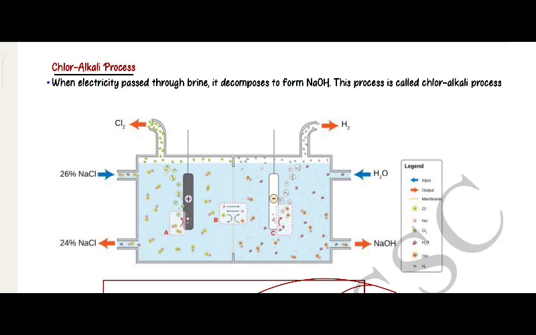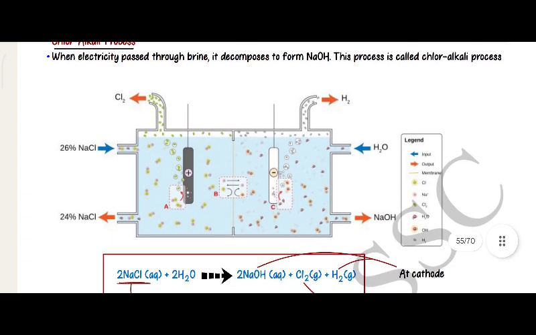Chlor alkali process. When electricity passes through brine, it decomposes to form sodium hydroxide. The process is called the chlor alkali process. Chlorine comes out, sodium chloride goes in, 24% sodium chloride. Hydrogen comes out, H2O goes in, and sodium hydroxide comes out.